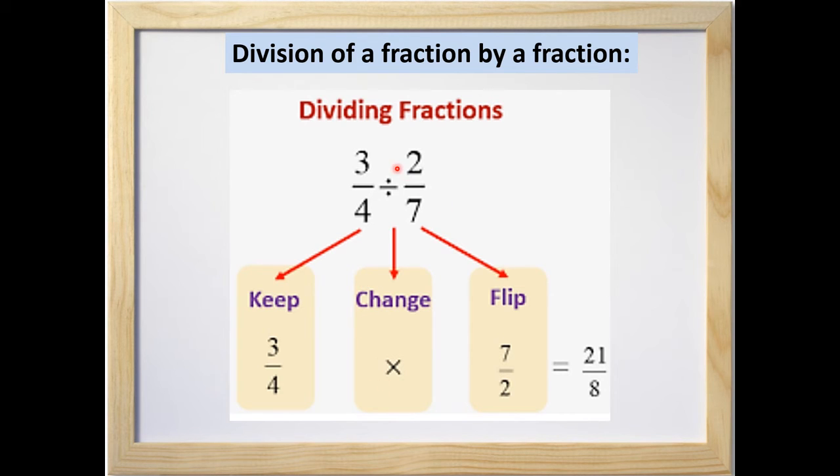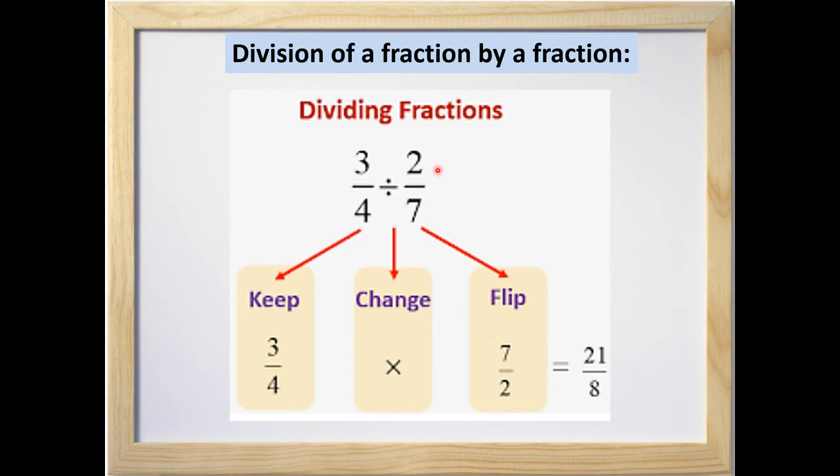And then this 2 by 7, which is the divisor, we have to find the reciprocal of this. How can we find the reciprocal of the divisor? Simply flip the numerator and the denominator. So 2 by 7 is written as 7 by 2.